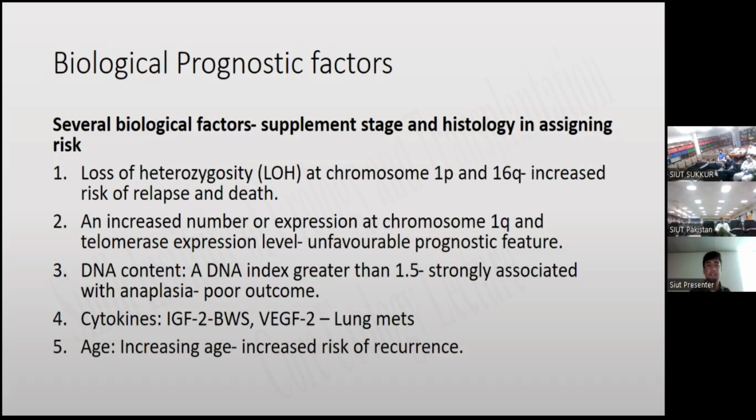In the DNA content, a DNA index greater than 1.5 is strongly associated with anaplasia and poor outcomes. Then some of the cytokines, IGF2 and EGF2, are associated with lung metastasis. They suggest a patient with lung mets. And with increasing age, there are increased chances of recurrence.